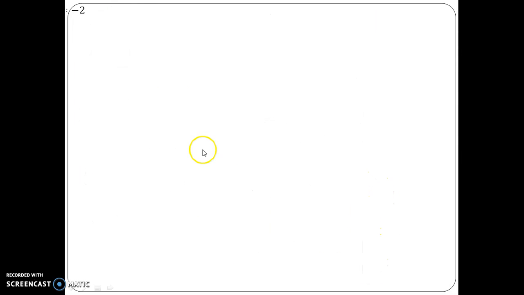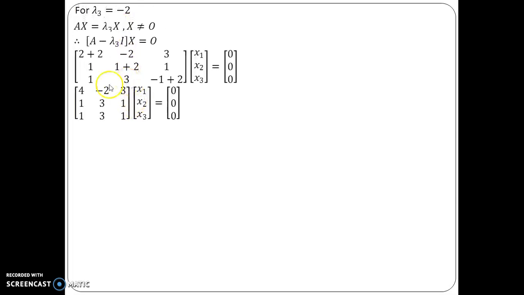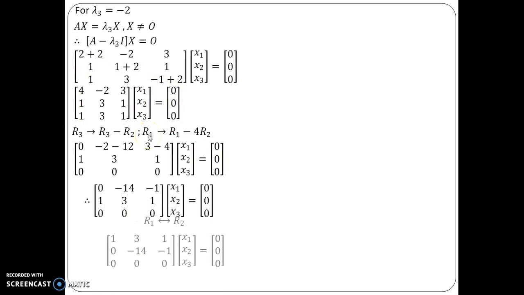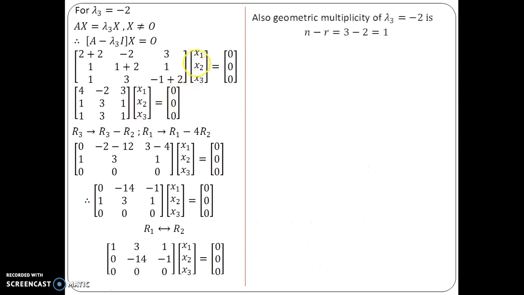Similarly for lambda 3 equal to minus 2, you subtract it from the diagonal values of the matrix and solve the linear system using the row transformations and obtain the geometric multiplicity. Again you observe that there is one free variable.